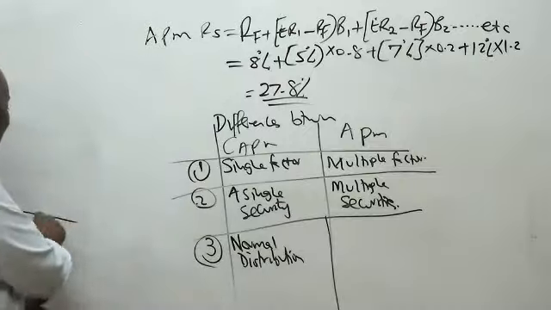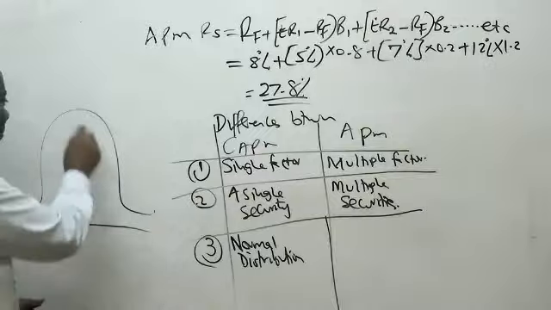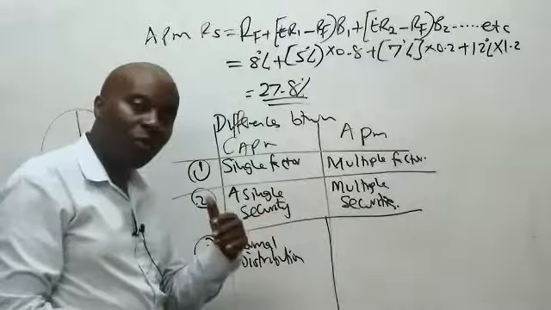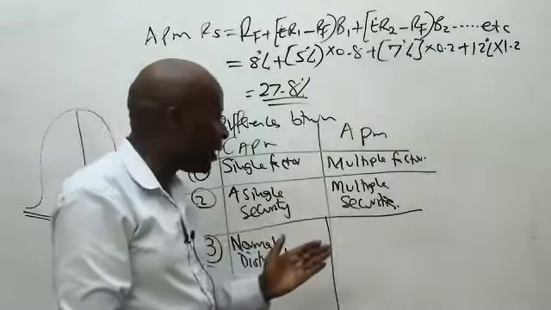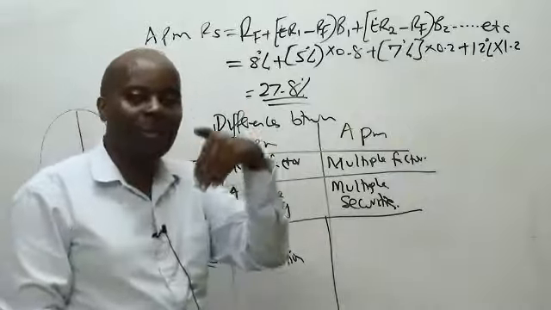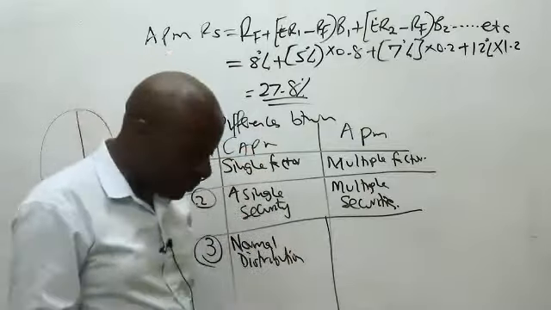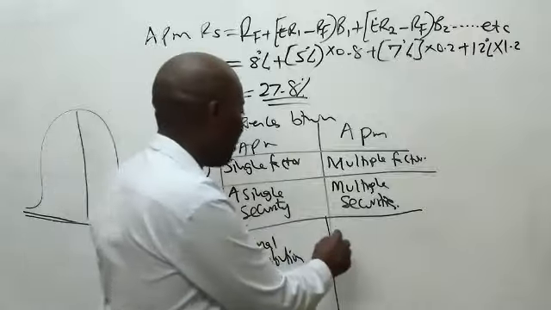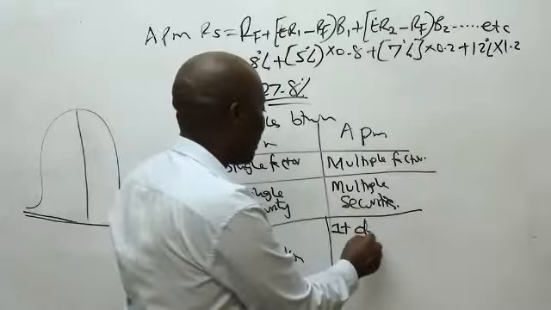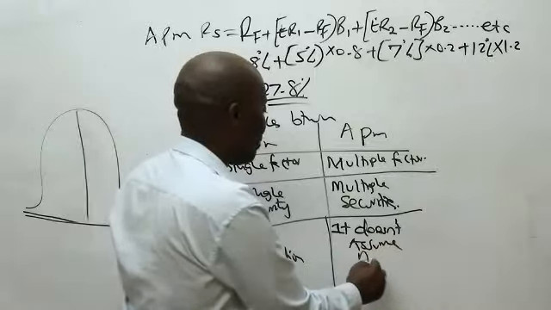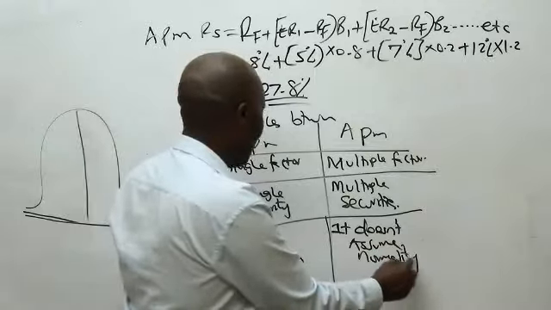So it assumes normality. APM does not assume normality. It can work for a highly peaked or skewed distribution. So APM is quite flexible. It doesn't assume normal distributions.